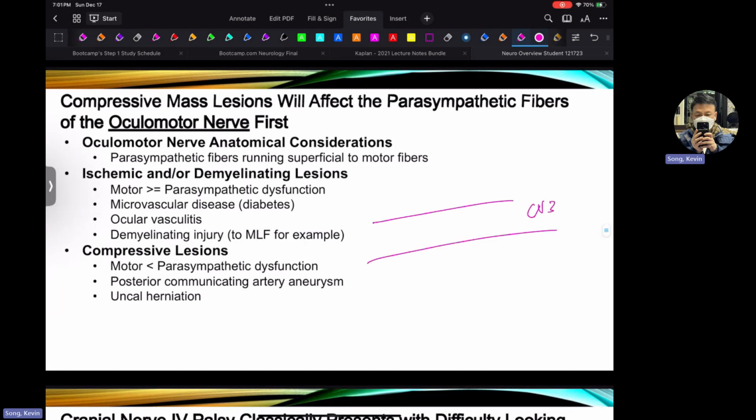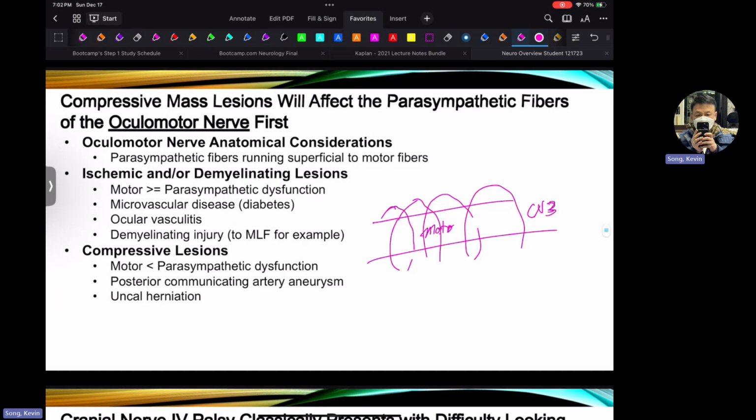Another very, very important thing: cranial nerve 3 has two parts. There's a motor part, and then there's a parasympathetic part. The parasympathetic part is wrapping around the motor part.